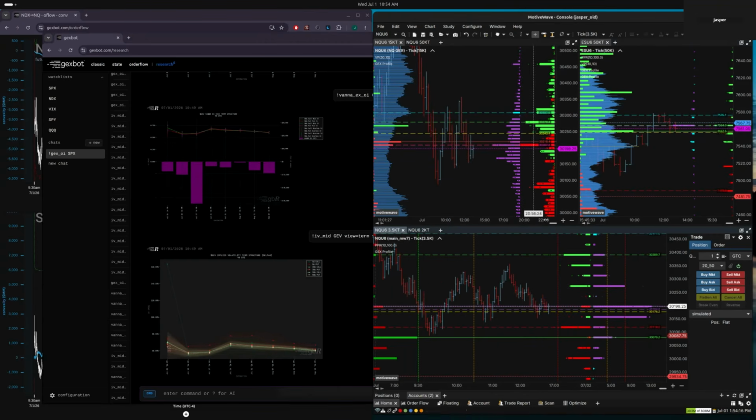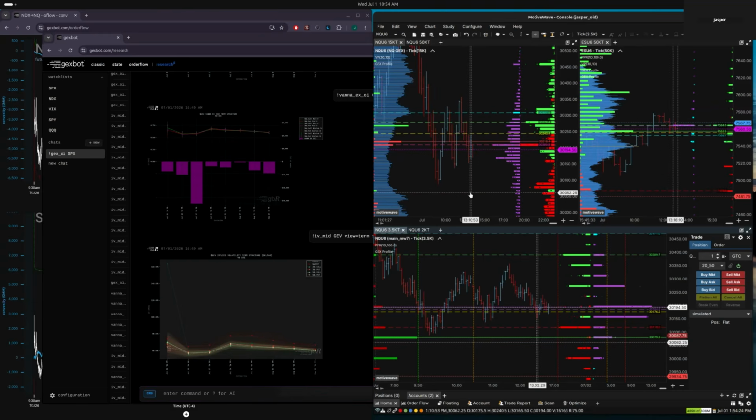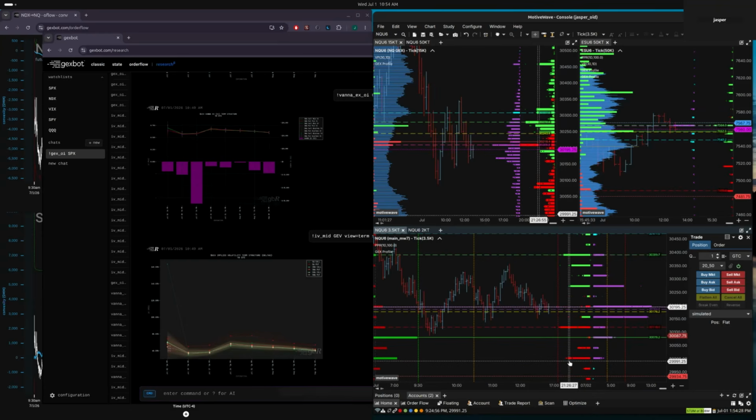Because everything we're looking at is always 0 DTE. Like, yes, there's 90D aggregated, but the gamma is highest for the near term contracts because I only care about what's happening now, right? So all my trades are no more than 15, 30 minutes, an hour, whatever it is, close at EOD.